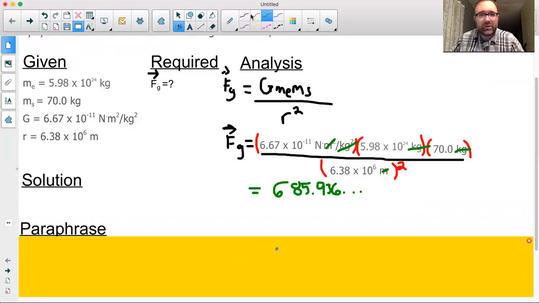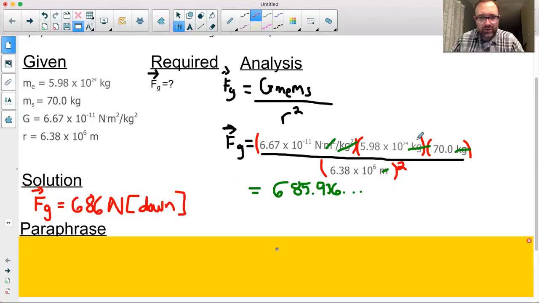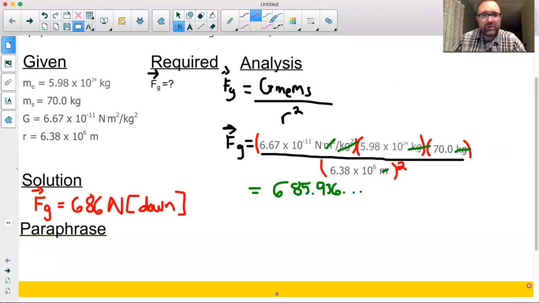So what leaves us with our paraphrase now is F G, don't forget the direction, 686 newtons. Now keep in mind, down, it was 3 sig digs because all the other values we used, 5.98, 70.0, and 6.38 were 3 significant digits, so we leave it like that. In our paraphrase, now we need to state that.